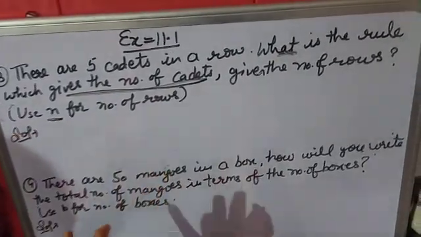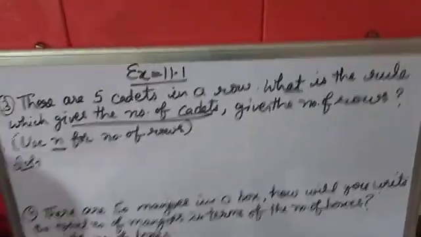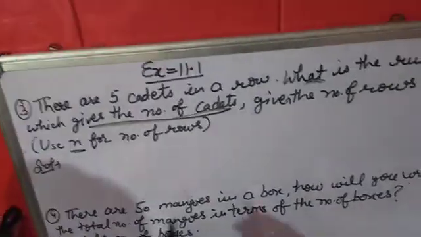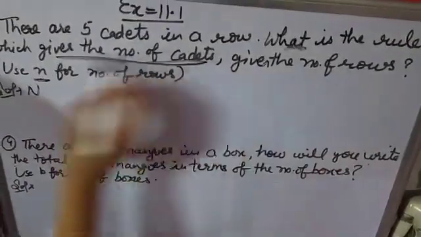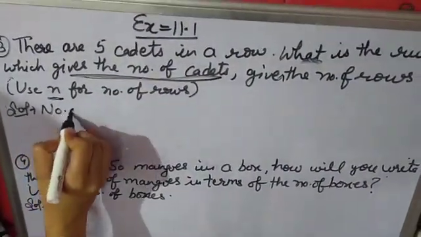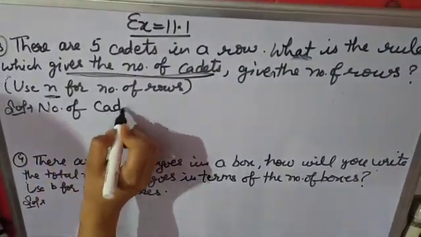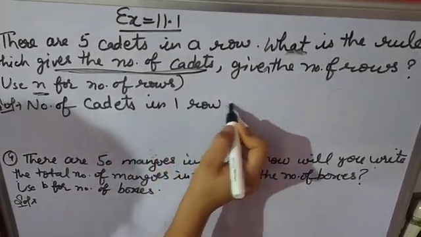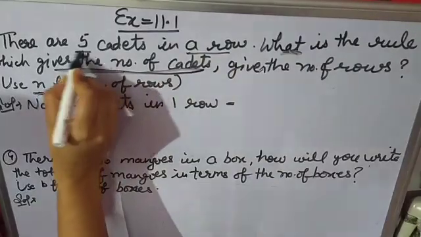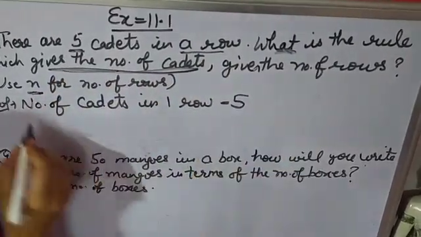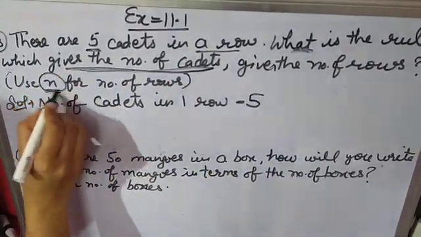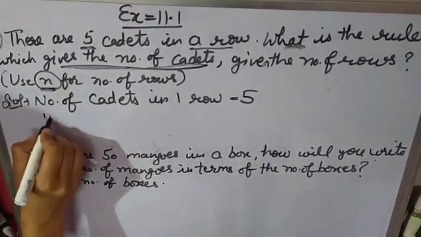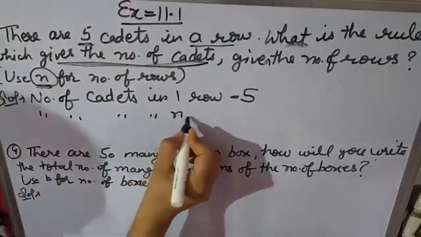So we will write here: number of cadets in one row is 5. You have to find the number of cadets in n rows.